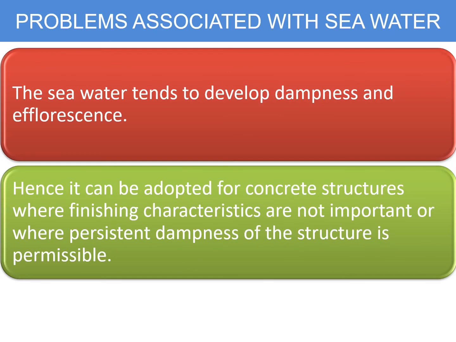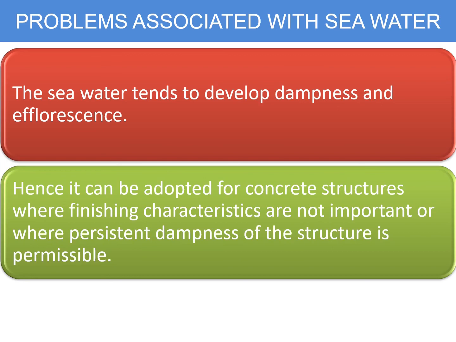The other problem associated with seawater is that it tends to develop dampness as well as efflorescence in the concrete. So if you prepare the concrete with seawater and cure it with seawater, then probably your concrete will show dampness and also the efflorescence effect.